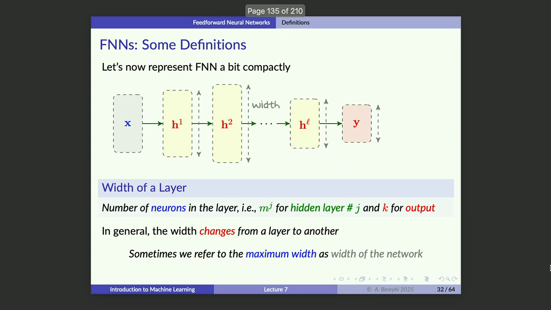There is no specific definition of the width of the network, because width is for one specific layer. But some people call the largest width across the network, including the output layer, the width of the network itself.